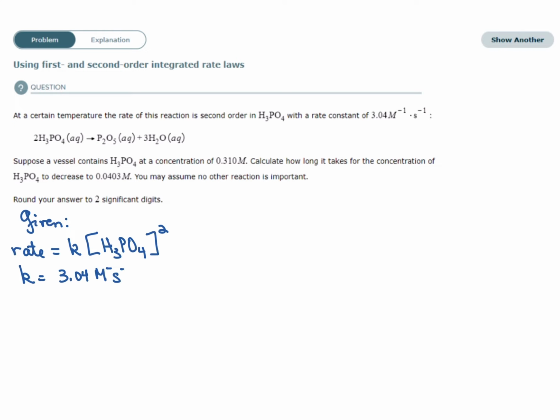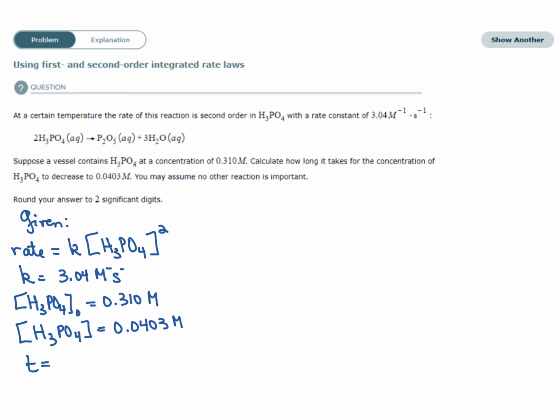And it says that the initial concentration is 0.310 molar. And it wants us to calculate how long it takes for the concentration to decrease to a new number. So that would be our final concentration. And we're asked to solve for the time. So we have all the given information that we need.